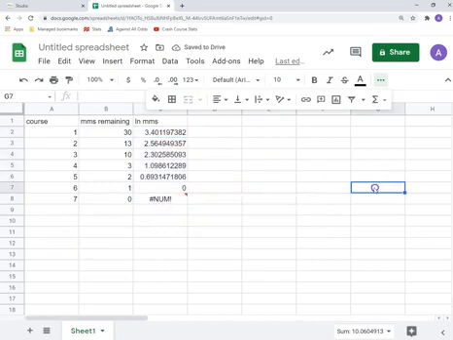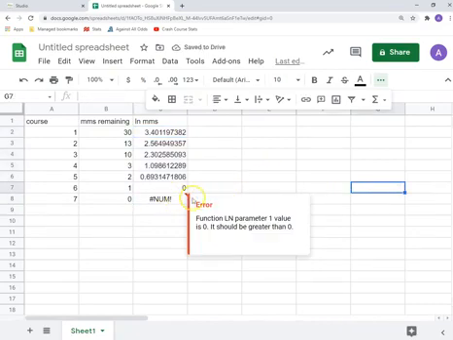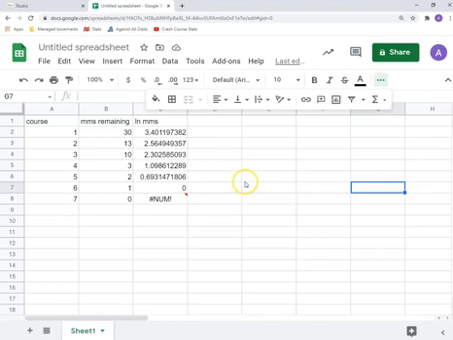Now, on this one, it even tells you function natural log parameter 1 value is 0, should be greater than 0. You can't take the natural log of 0. Natural logs have to be any number greater than 0, but not equal to.